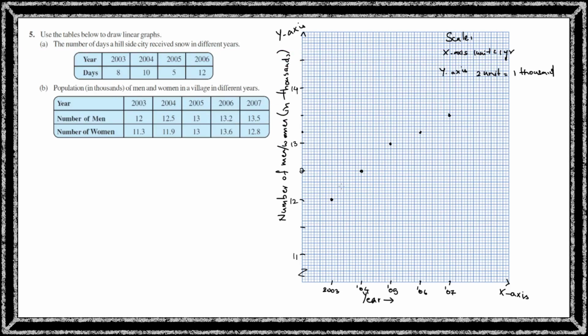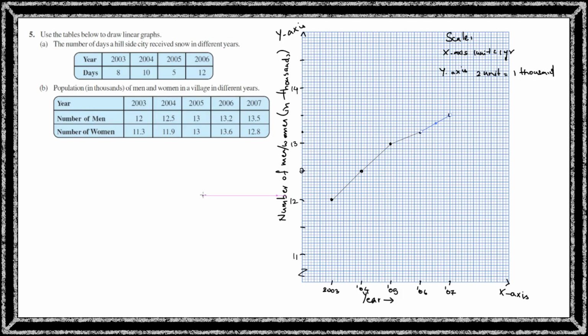I'm going to start: first this, then join this, then this, and then this. So this is my line graph for number of men.